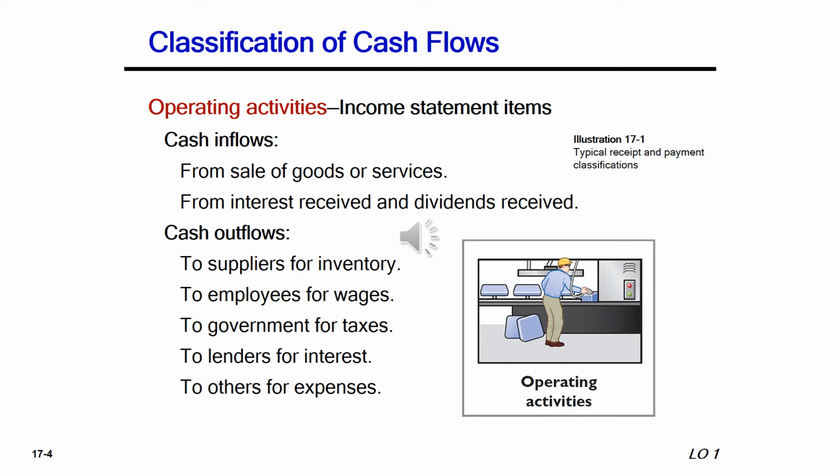On the outflows side, we can see money that was paid out to suppliers for inventory, to employees for wages, to the government for taxation purposes, to lenders for interest, and to others for some other expenses.